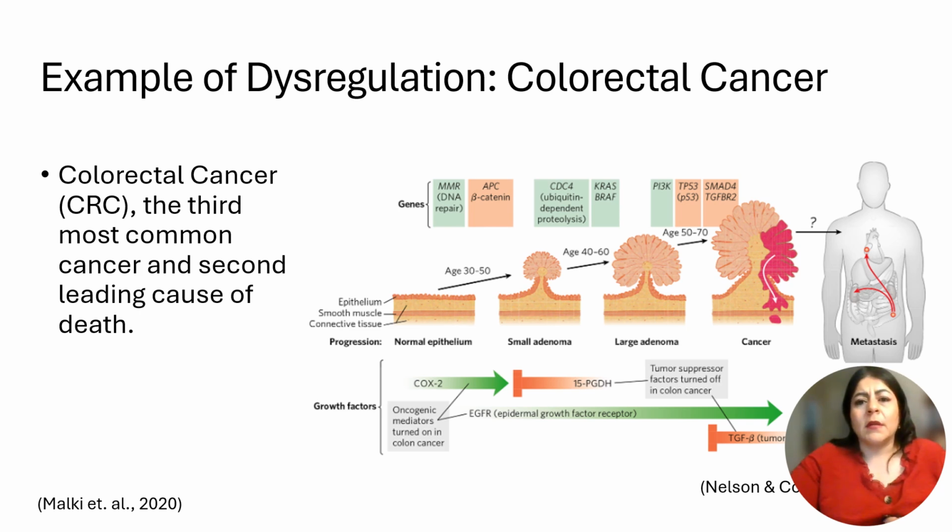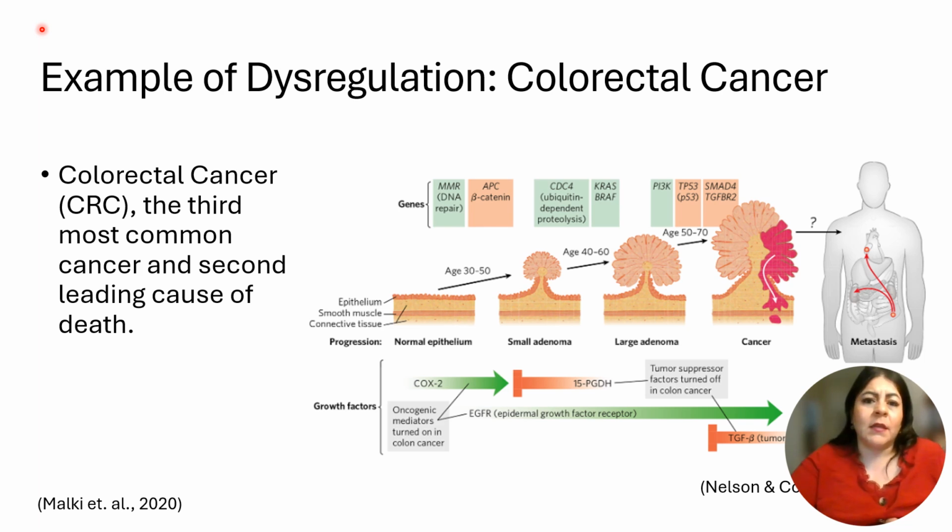Cell cycle dysregulation significantly contributes to colorectal cancer, which is the third most common cancer and second leading cause of cancer-related deaths globally. Despite advances in understanding and screening for colorectal cancer, the incidence continues to rise.